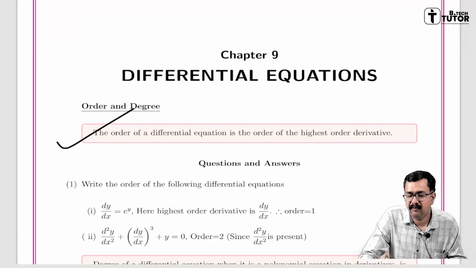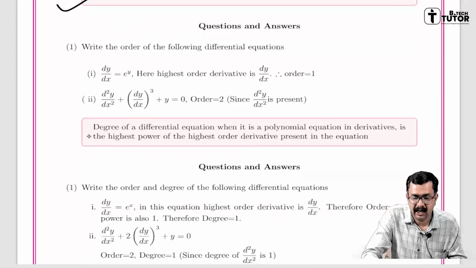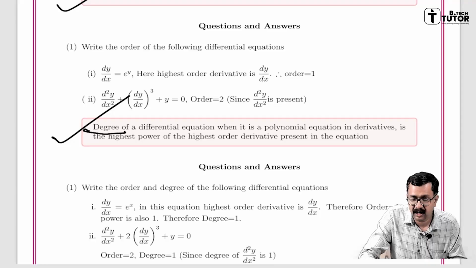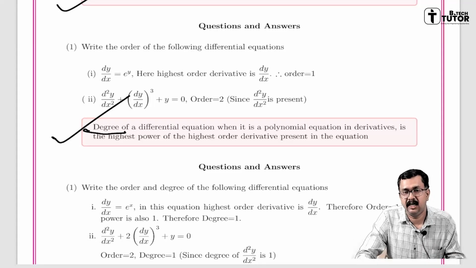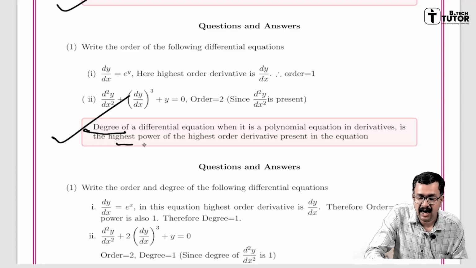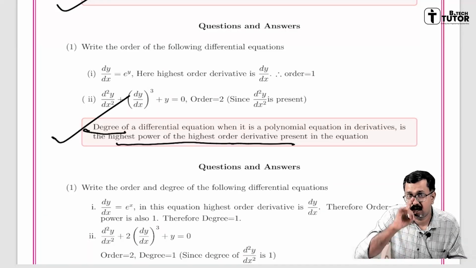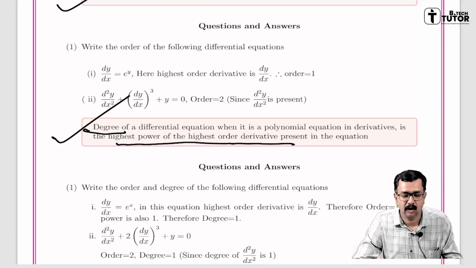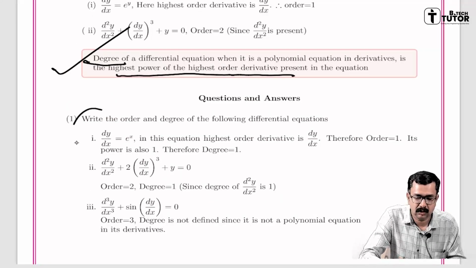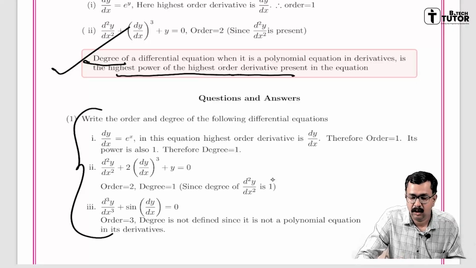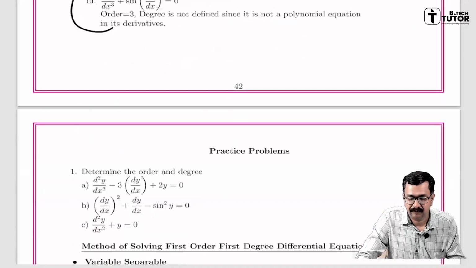The order of a differential equation is the order of the highest order derivative, and the degree of a differential equation is the highest power of the highest order derivative present in the equation, when it is a polynomial equation in derivatives. That is the degree of the differential equation. These questions are for finding out order and degree.